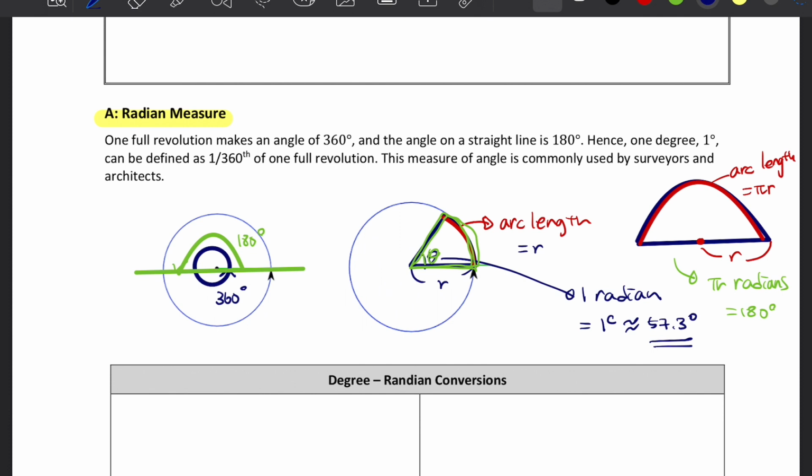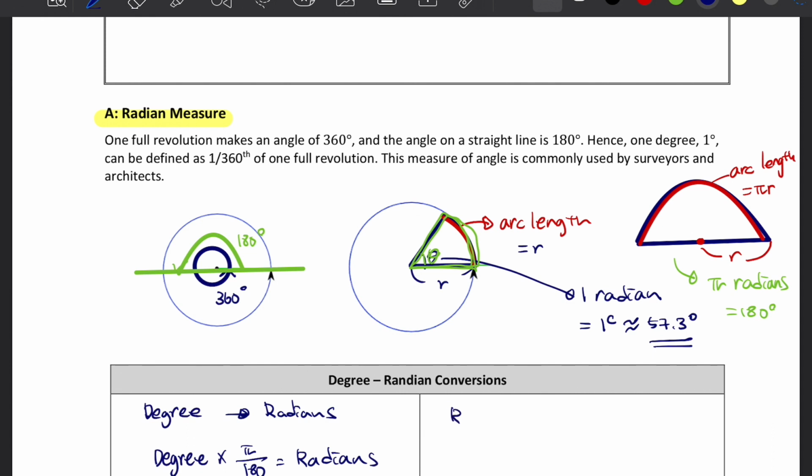If we want to convert from degrees to radians, then we need to multiply by pi over 180. So if we have a degree measure and multiply by pi over 180, we get the number in radians.